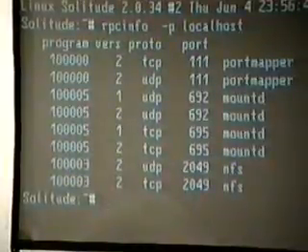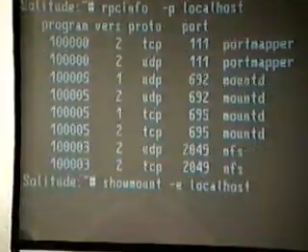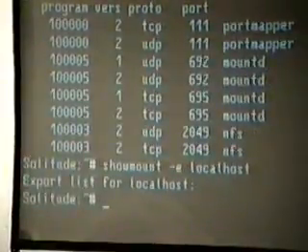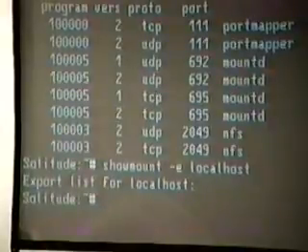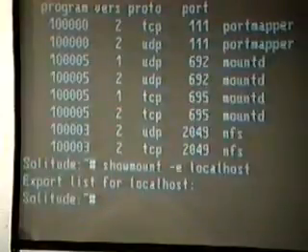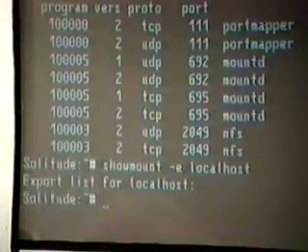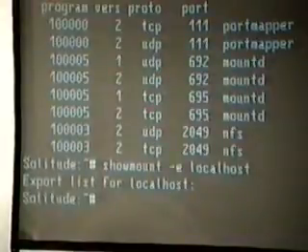The other is showmount. This shows a list of exported file directories and who can mount them. If we did have an export list, it would be shown with the directories and who's allowed to.